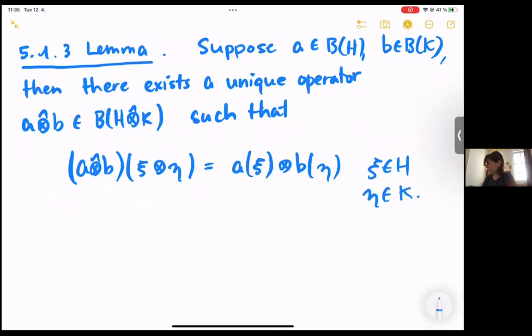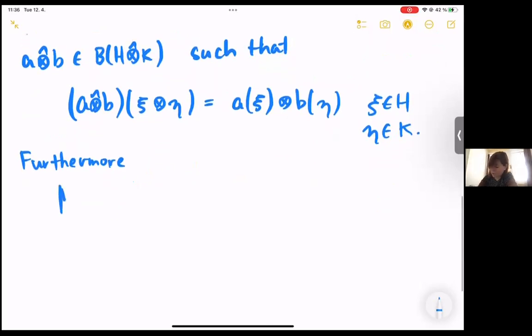And moreover, the norm of this operator, A tensor-hat B, is just the same as taking the norm of A as an operator in B(H) times the norm of B as an operator in B(K).